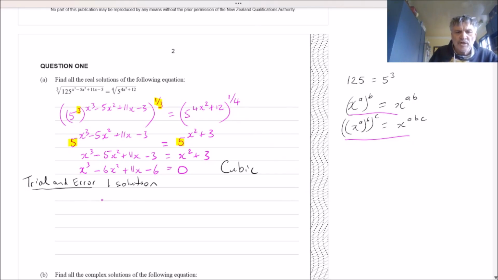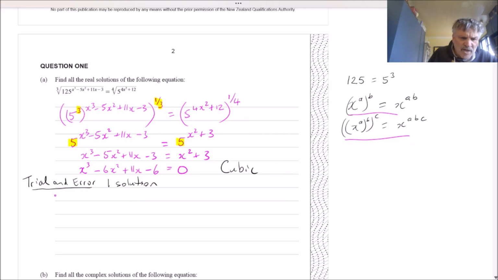And for this particular question, it's quite easy. So you just start putting values of x in and see if you can get somewhere. Sometimes you will be able to quite easily, sometimes you won't, and you'll have to use some more sophisticated technique. In general, there is a method for solving cubics, but it's not taught at this level. It's quite interesting, and it's especially interesting in terms of complex numbers.